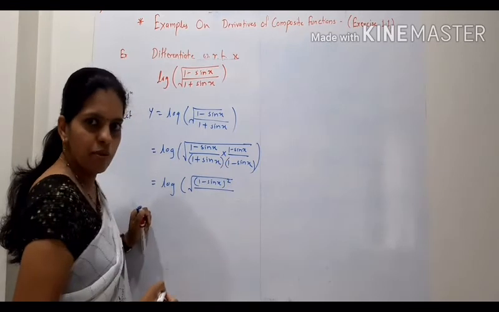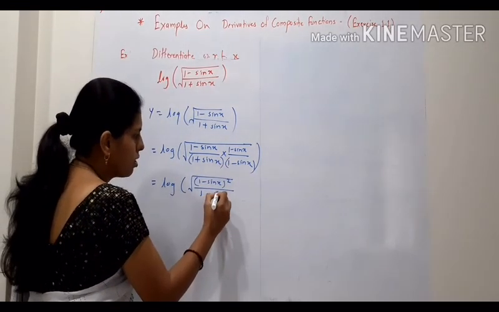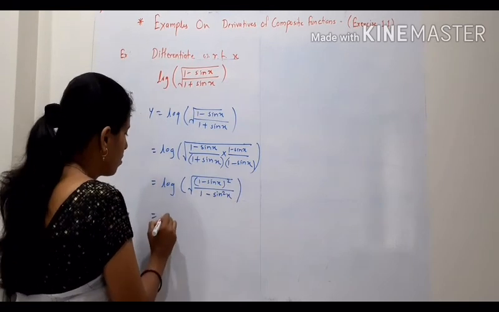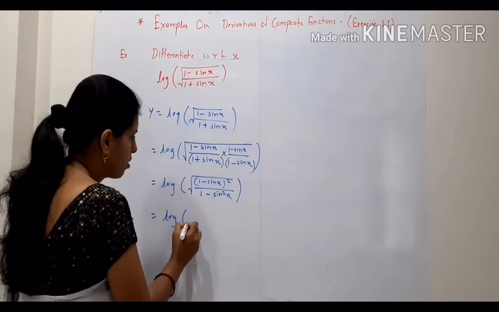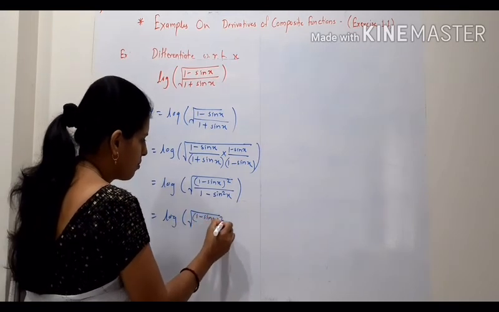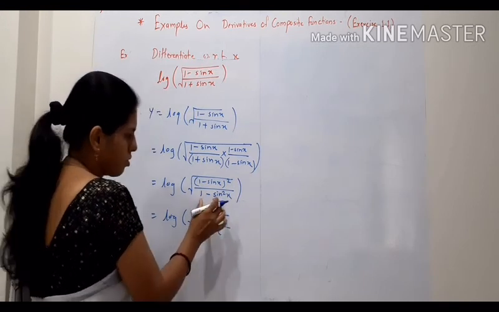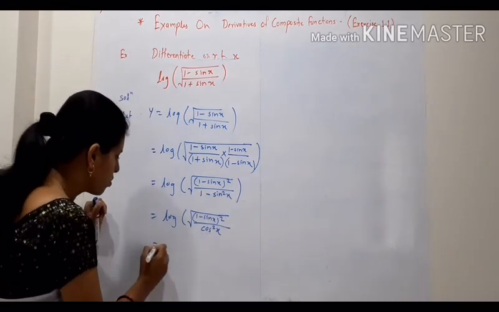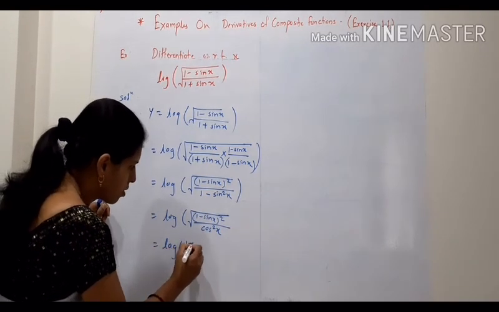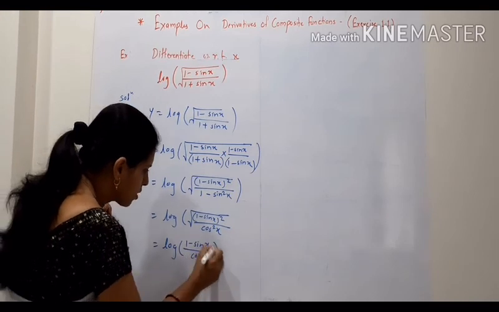It is a square minus b square, so 1 square minus sin square x. So now this will be log of root of 1 minus sin x bracket square over, and by the identity we get this as cos square x, and then the root will get cancelled. Now it is only 1 minus sin x upon cos x.